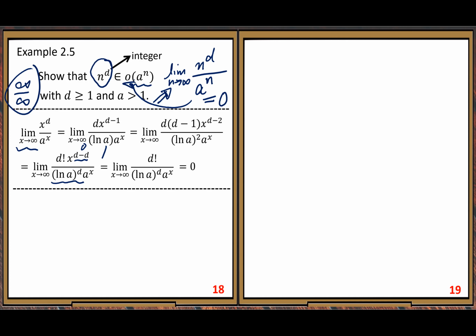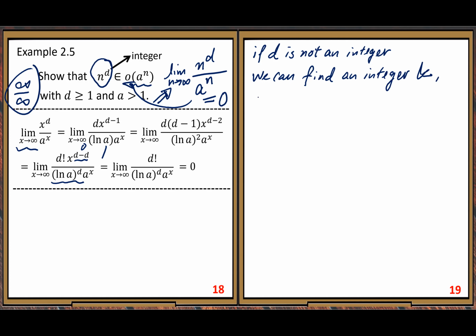So if d is not an integer, then we can find an integer k such that k less than d less than k plus 1.